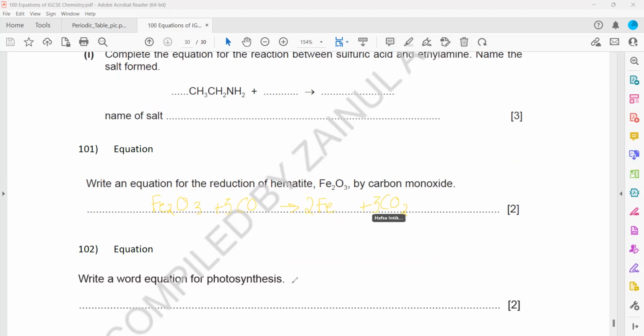Write a word equation for photosynthesis. That's the last one. What is the word equation for photosynthesis? Water plus carbon dioxide gives glucose plus oxygen.